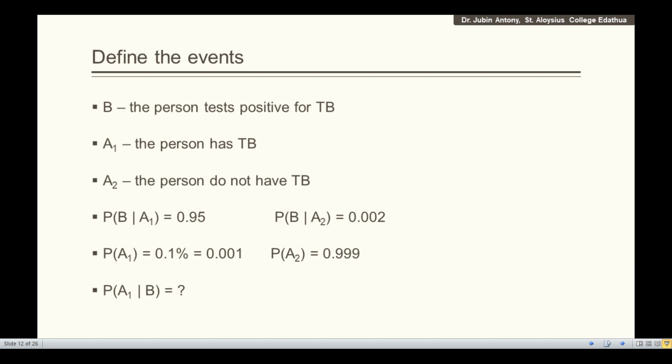Here, first we define the events as follows. Let B be the event that the person tests positive for TB. A1 denotes the event that the person has TB and A2 denotes the event that the person does not have TB.